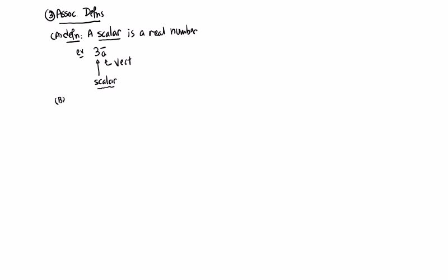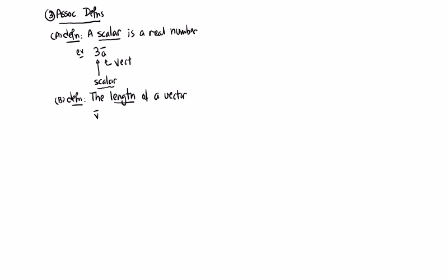So second thing, B: vectors have a certain length. Now, let me just say for now, the length of a vector, for example, let me use a different letter than a, it'll keep things a little tidier.